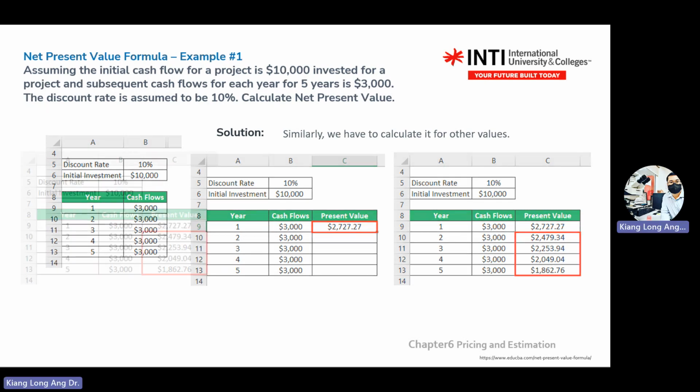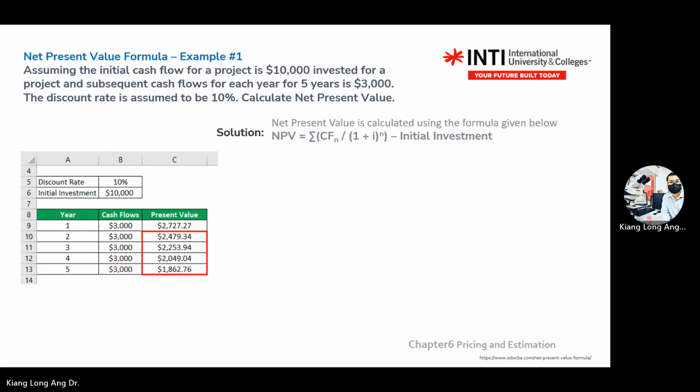Once you calculate all the values there, then use back the equation that you learned just now. You take the sum of all these values, this one plus this one plus this one plus this one plus this one. Then you minus the initial investment.